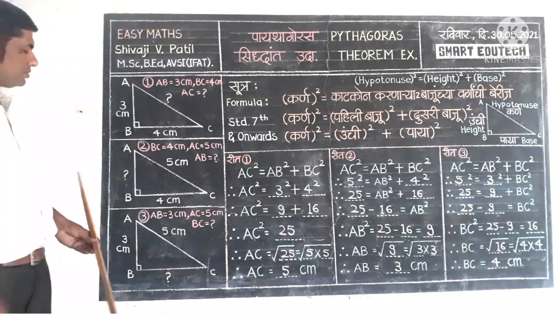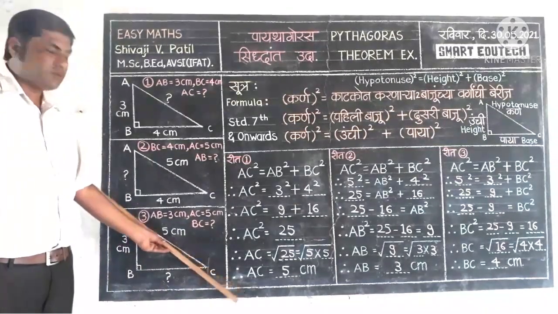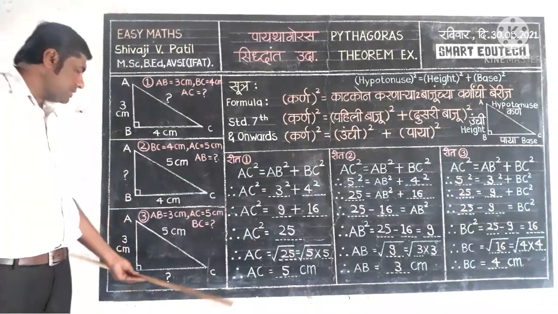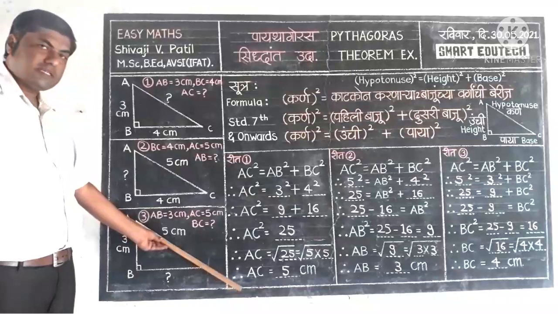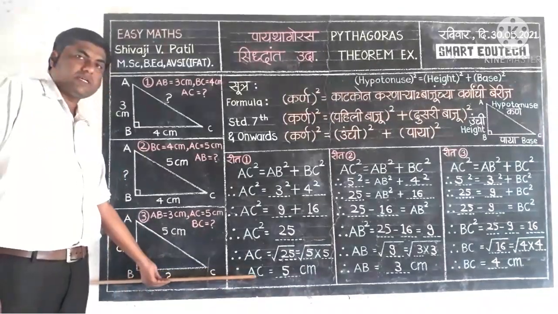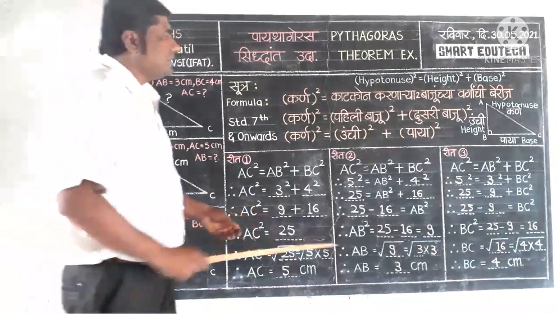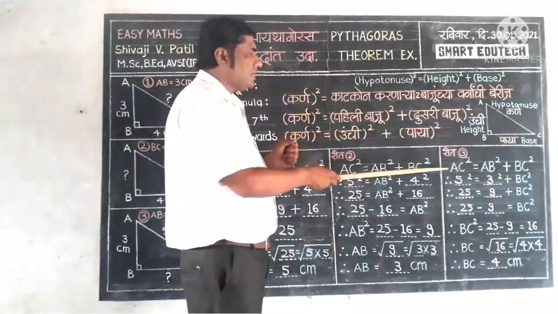So as usual you have to write first the formula, that is hypotenuse square is equal to height square plus base square, or you can write AC square is equal to AB square plus BC square. See, I have written here AC square is equal to AB square plus BC square.